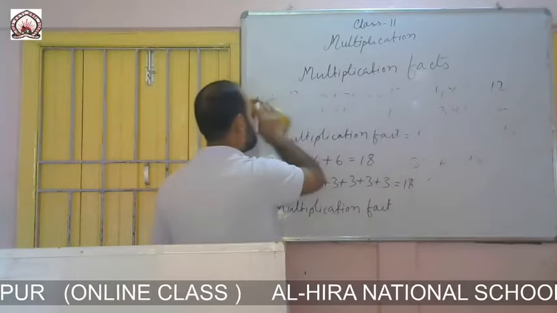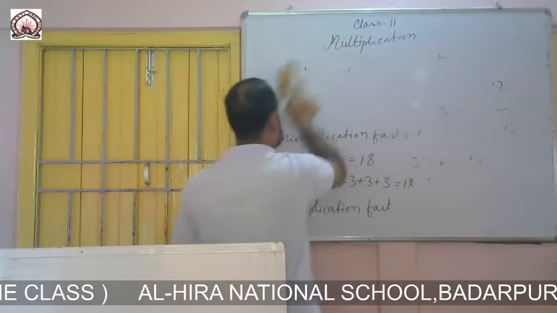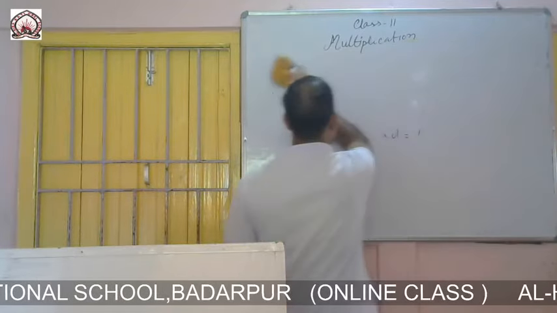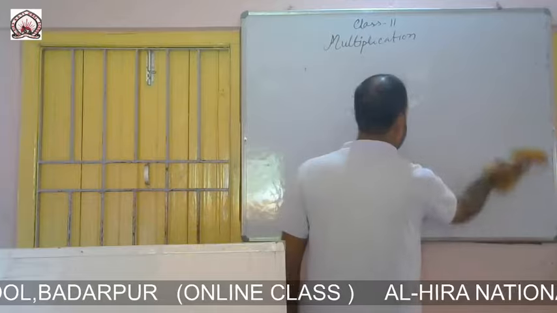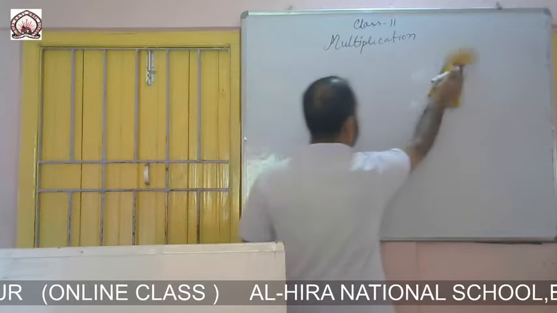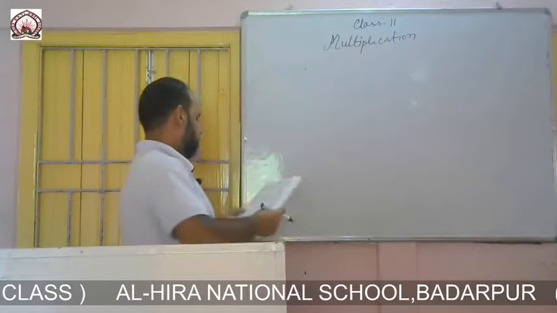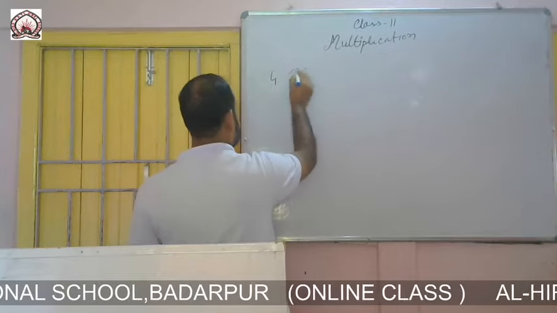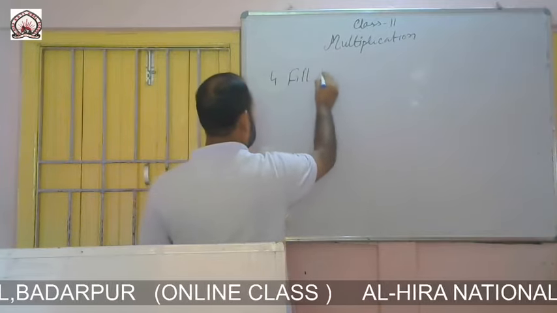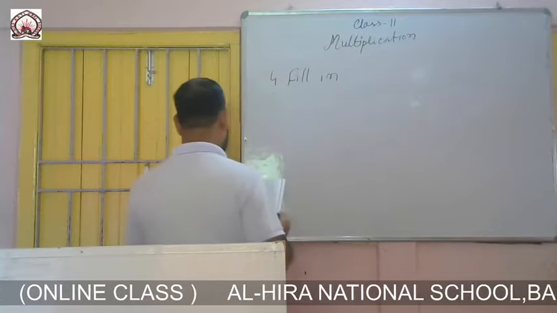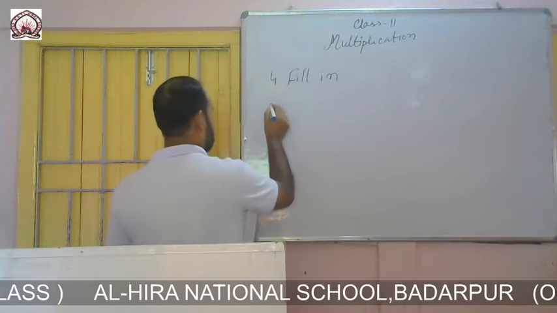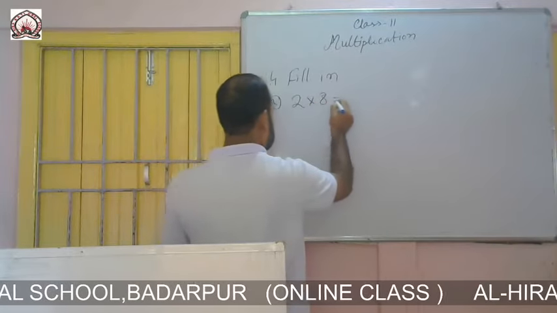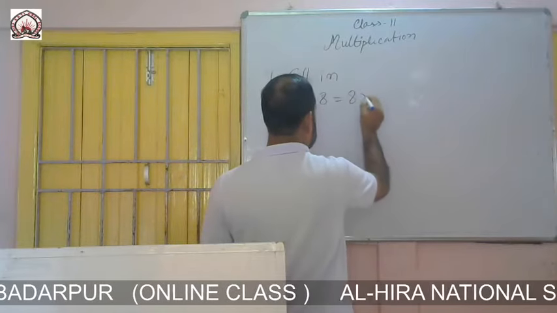Next, question number 4. Fill in. Question number A: 2 into 8 equal to 8 into dash.